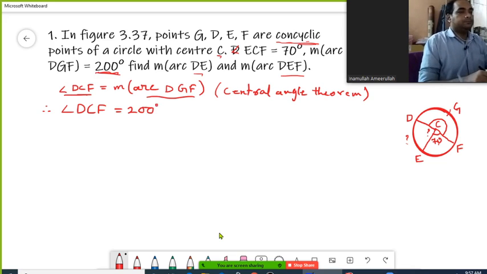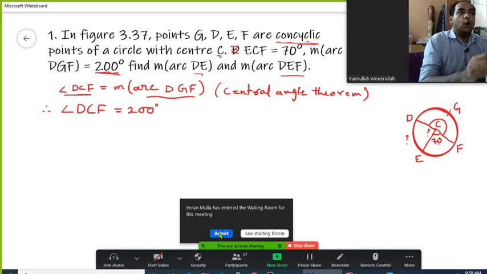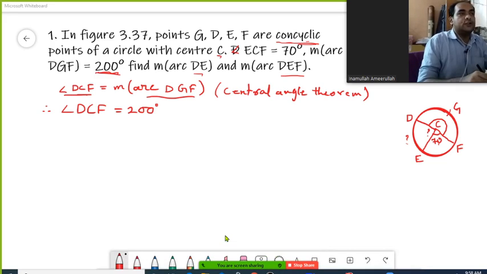Now, the total angular measure of a circle is 360, and in this circle at the center we are getting 3 angles. If I add all 3 angles together, the measure should be 360 degrees.